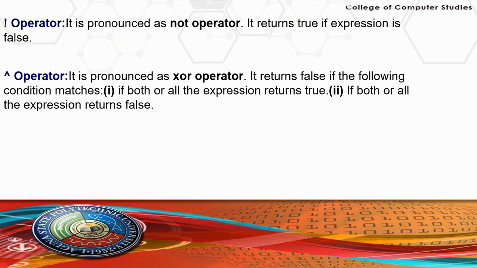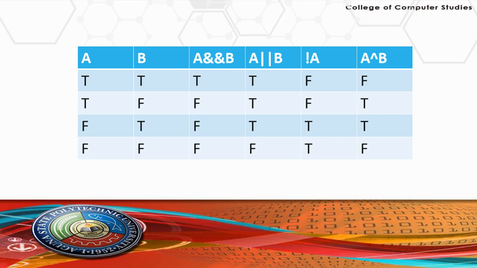For the XOR. Again, to summarize the logical operators, let's say you have two conditions, condition A and condition B. If you use the AND operator, it says here that both should be true so that A and B will be true. If there is at least one false, or both or all are false, then it will return false.